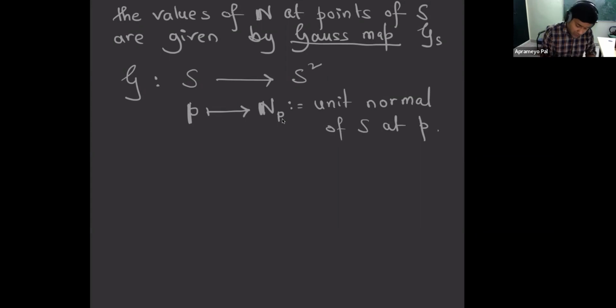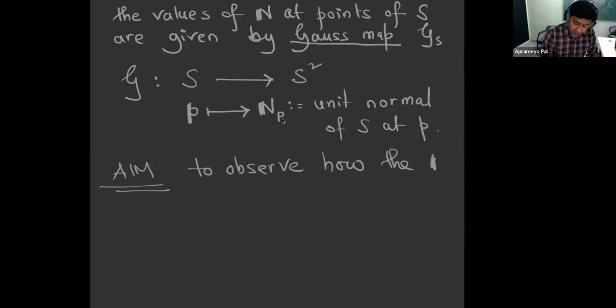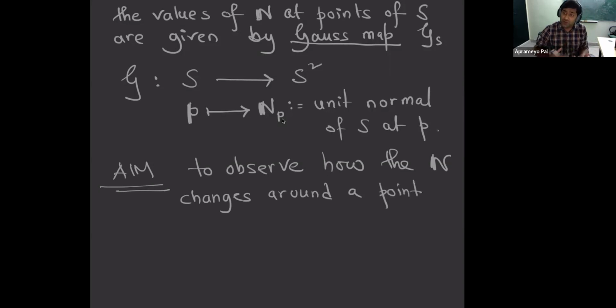we want, so aim, to observe how the normal vector n changes around a point. So how do we determine how a vector changes around a point?